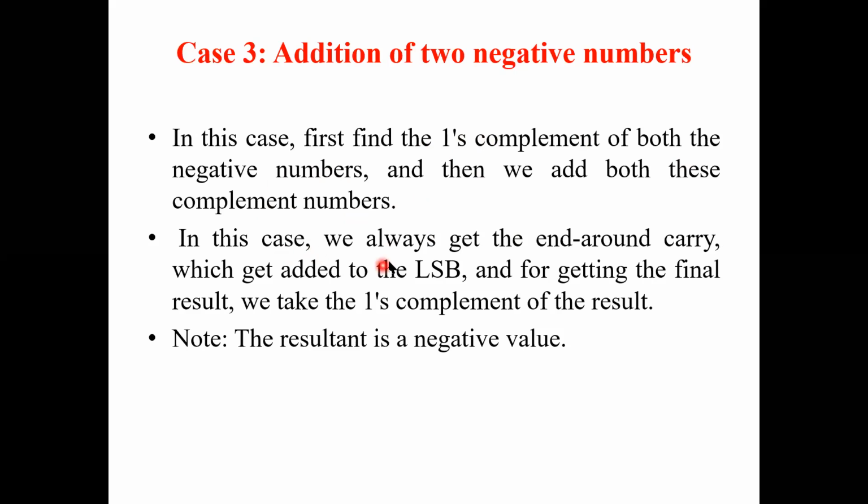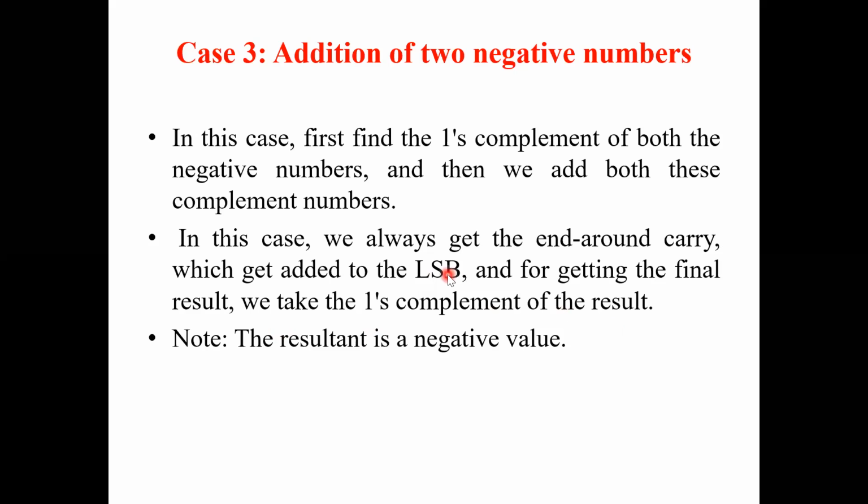So we always get the end around carry because here you are adding it, which we add to the LSB. After adding that to the LSB, we take the ones complement of the result. Now here you can see we are combining case 1 and case 2.